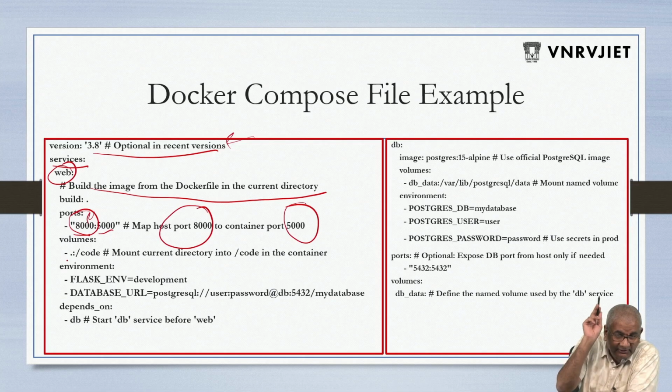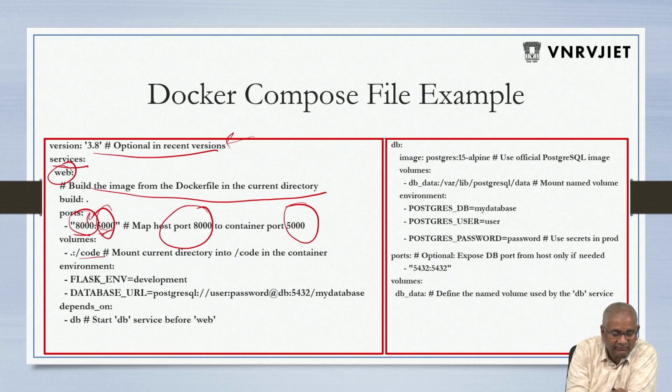Again, you have to expose that 5000 port in the Dockerfile, right? This is the container in the image. In the image, this 5000 should be exposed. Then this Compose file will map this to 8000. Mapping is not done in the Dockerfile. It is done here.